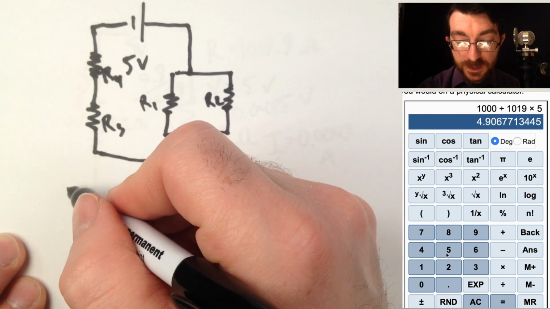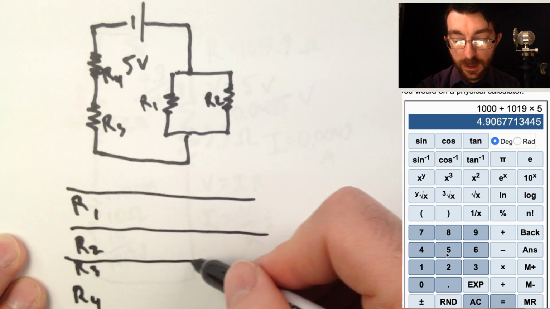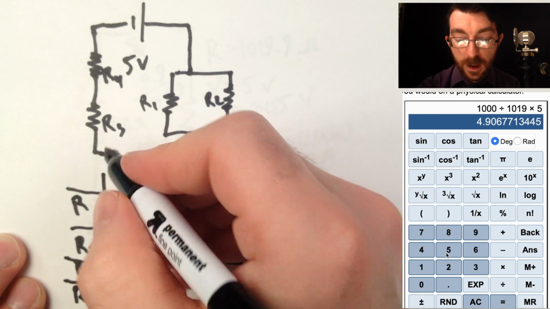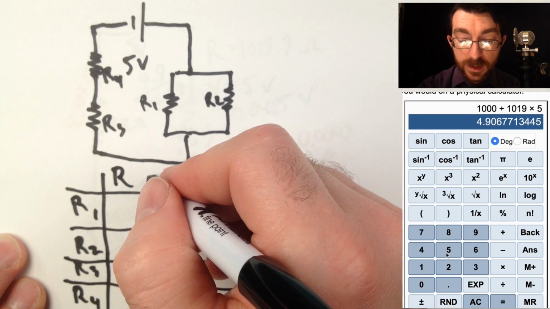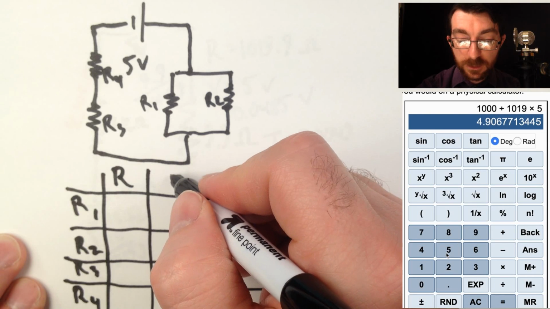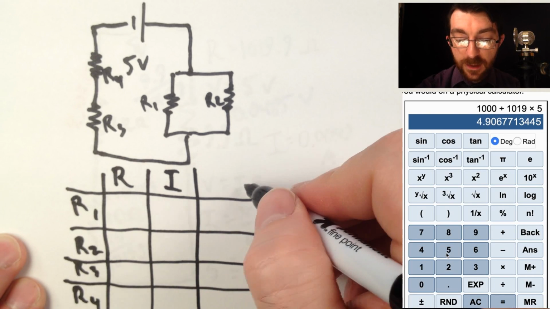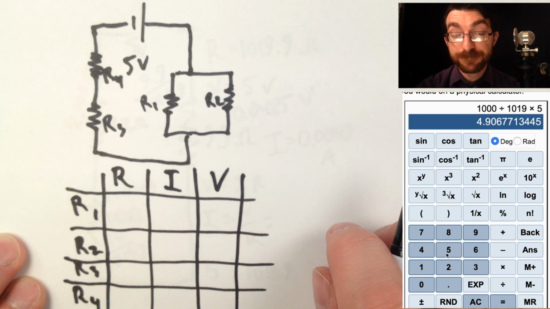Each of these resistors has a value associated with it. They each have a resistance. There is a current flowing through each one, and there is a voltage across each one.